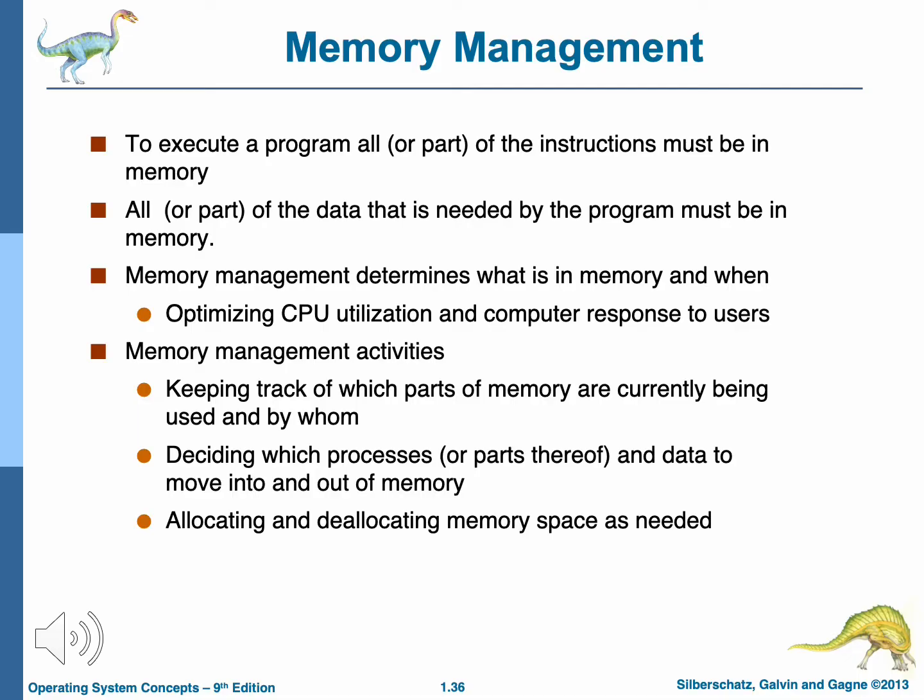Its memory space is declared available and the next program can be loaded and executed. To improve both the utilization of the CPU and the speed of the computer's response to its users, general-purpose computers must keep several programs in memory, creating a need for memory management.